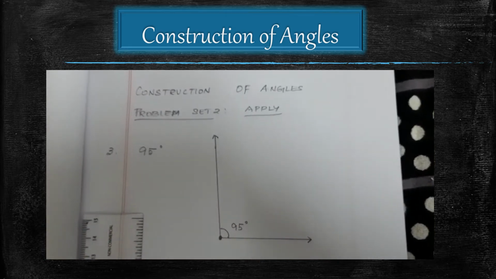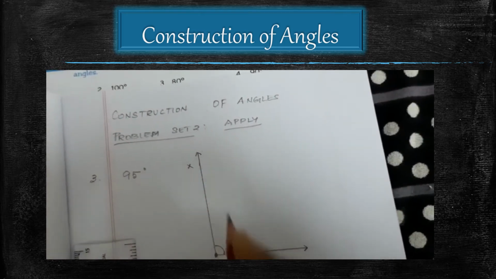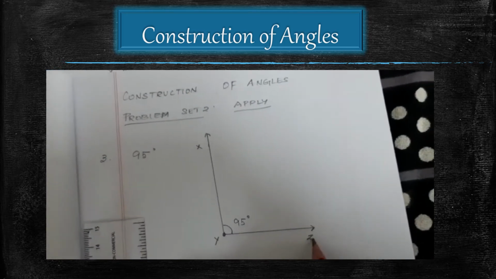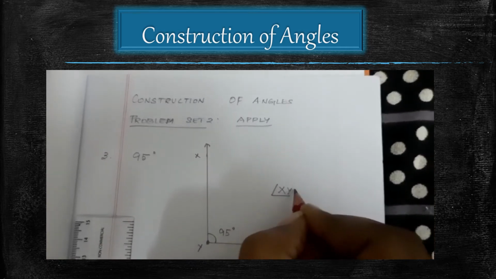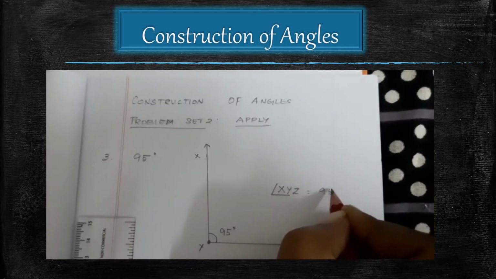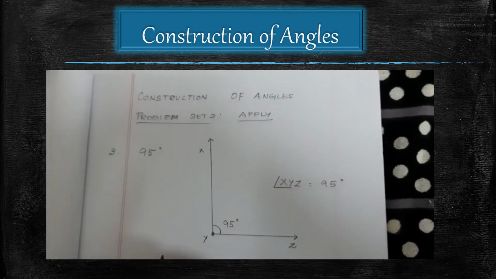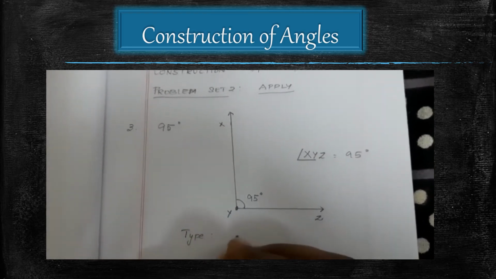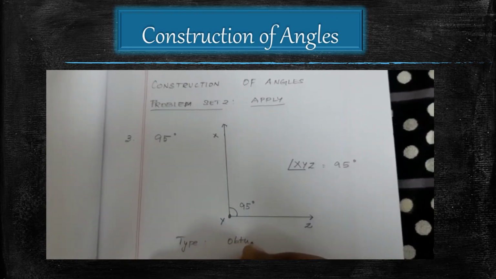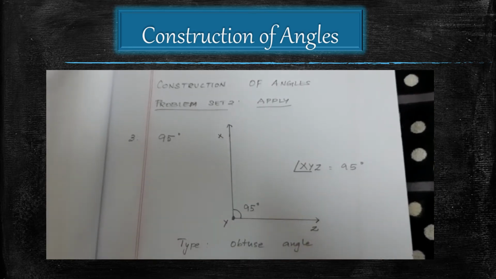Since they didn't name the angle, let us name it X, Y, Z. Now what is the name of this angle? XYZ is equal to 95 degrees. And what is the type of the angle, children? Since it is greater than 90 degrees, the type of the angle here is obtuse angle. Now you understood how to construct an angle and name it.